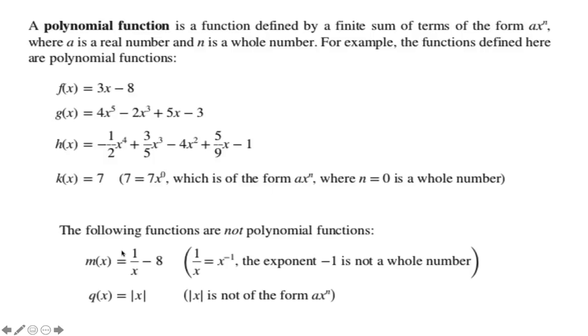These are not polynomial functions because, notice, all of these powers must be whole numbers, non-negative integers. If you have absolute value or dividing by x, then these are not. Dividing by x means a negative 1 exponent, and we need non-negative integer powers.